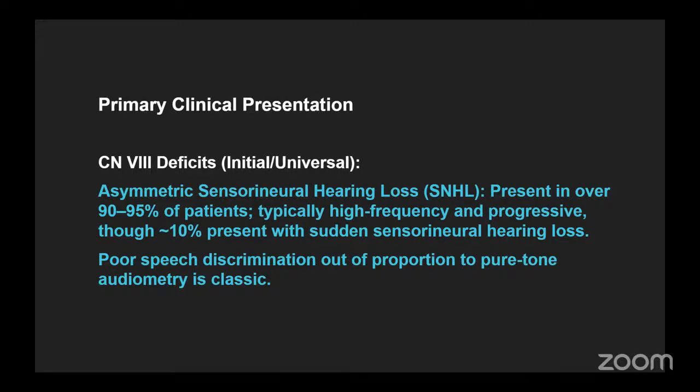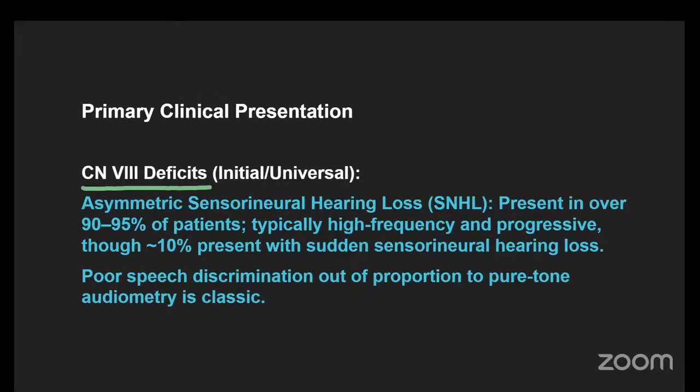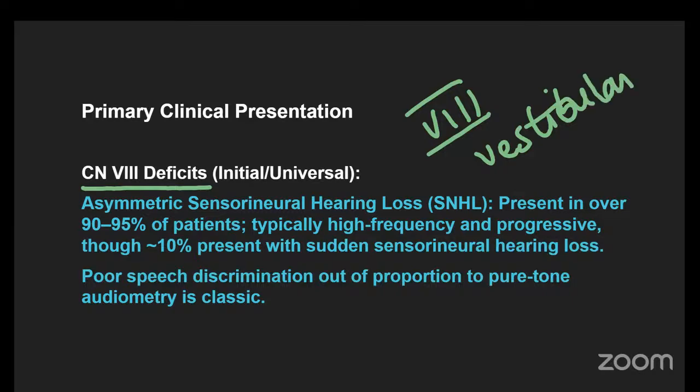So the primary clinical presentation for vestibular schwannoma is obviously going to start with cranial nerve 8 deficits. This is a tumor that arises from the 8th nerve. Which component? Vestibular, right?